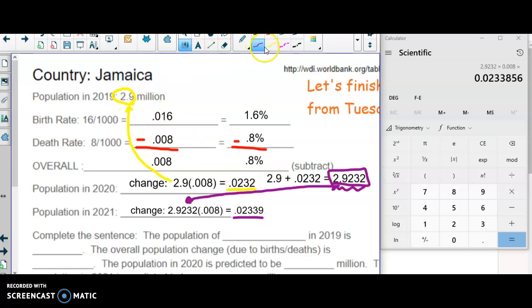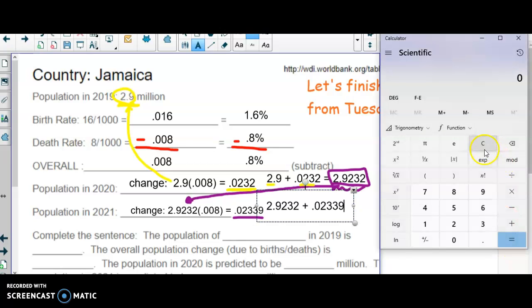Do you guys see that? We do the same thing here. So we're going to add our original amount we just had, 2.9232, and our change, 0.02339. We add them up, okay, to get our answer.